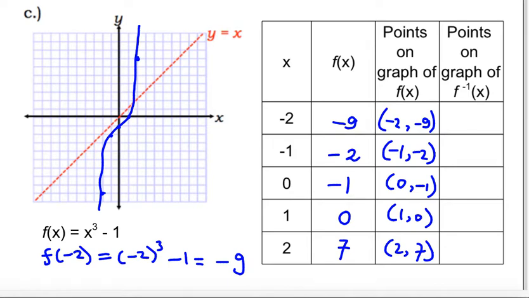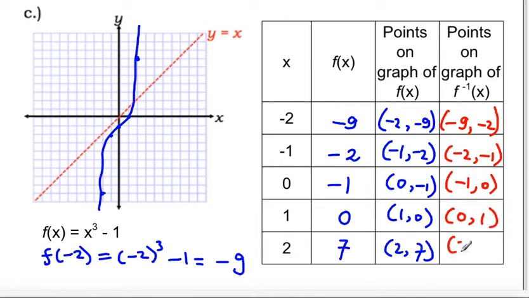So in this case, without even knowing the formula for the inverse function, I already can establish that in the graph of the inverse of f, I should have (-9, -2) as a point, right? It's just flipped over. We just swap the position of x and y. So I should also have (-2, -1), (-1, 0), (0, 1), and (7, 2).